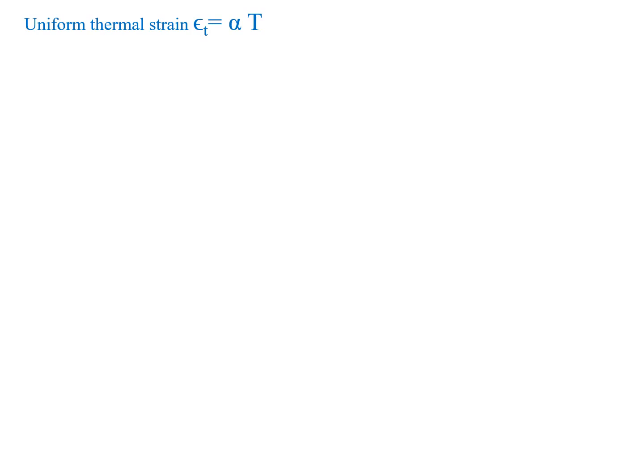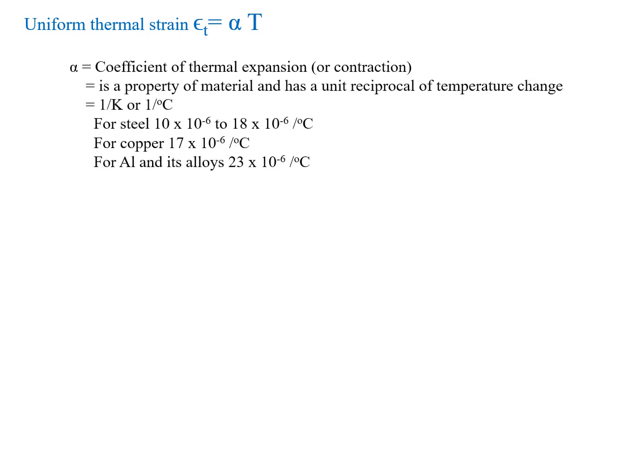So epsilon T is directly proportional to capital T, and we write epsilon T equal to alpha into capital T. Here alpha is the coefficient of thermal expansion or thermal contraction. Generally it is a property of the material and has a unit of reciprocal of the change in temperature.